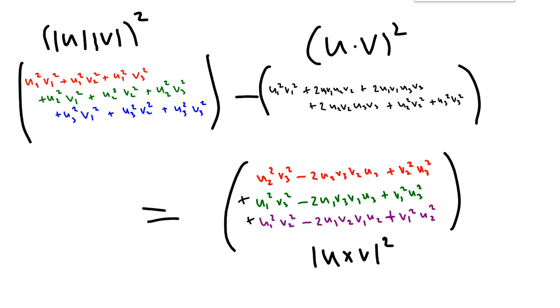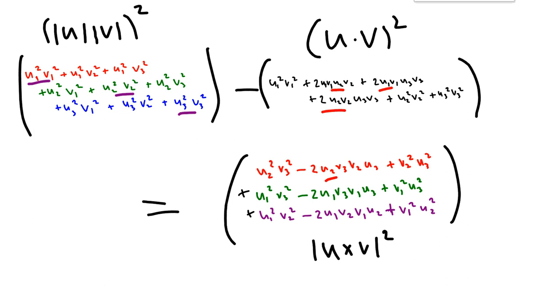You'll notice, for example, all the terms with 2 here turn into negatives down in the expression below because we're subtracting them. And you'll also notice that the u1 v1 squared, the u3 v3 squared, and the u2 v2 squared, all three of those are gone in that final expression. So that gives us sort of a cool fact to work with.